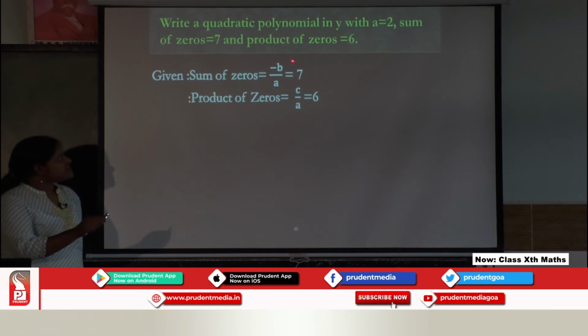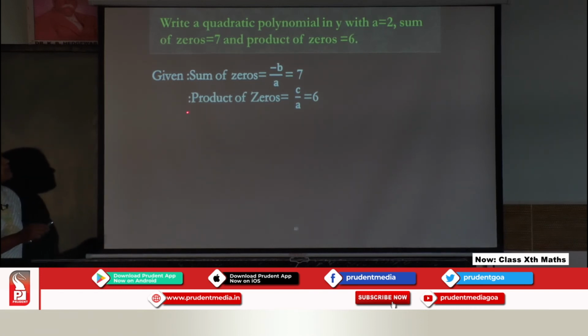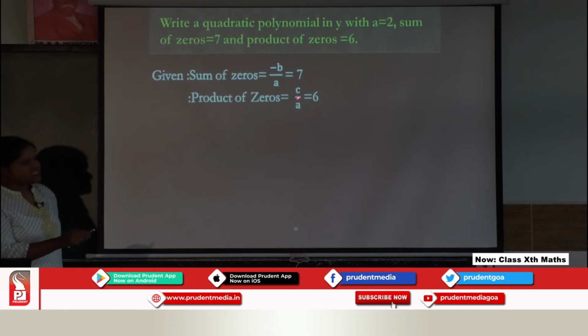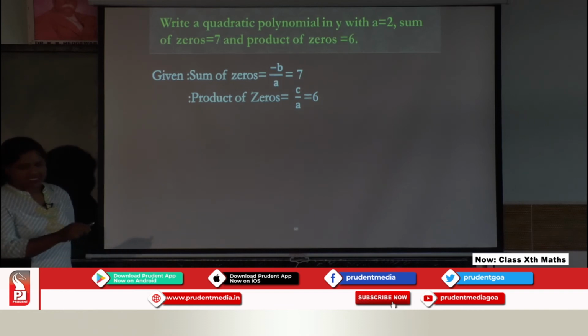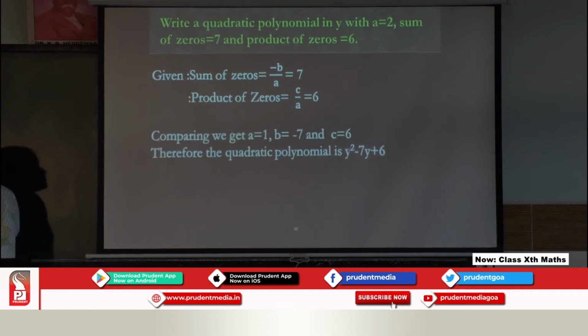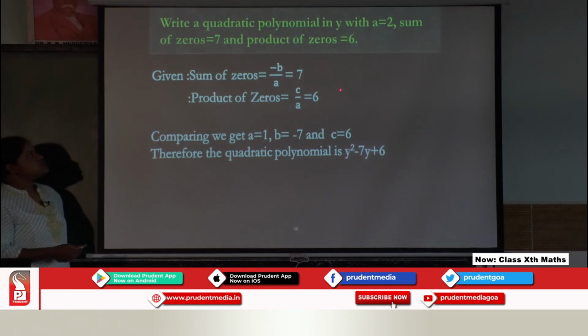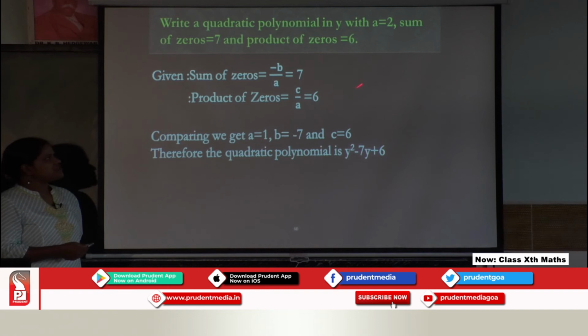Also, product of zeros, which is c upon a, is given as 6. So if we compare, this 7 means denominator is 1 and here 6 means also denominator is 1. So I will get a as 1, because it is upon 1, here also upon 1. In both the places a is the same.